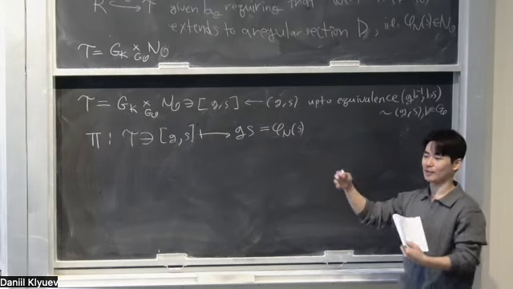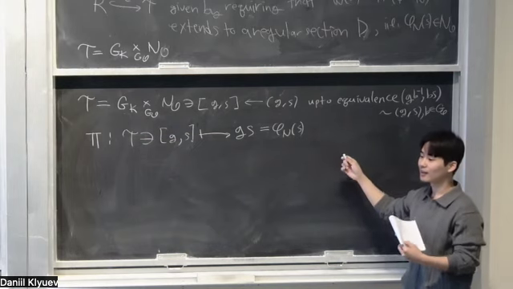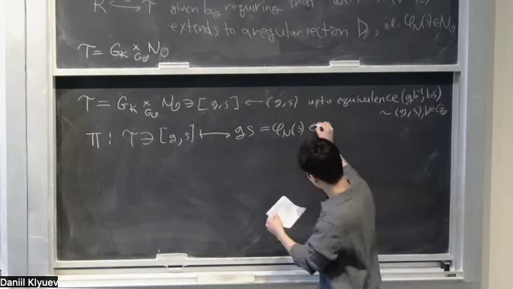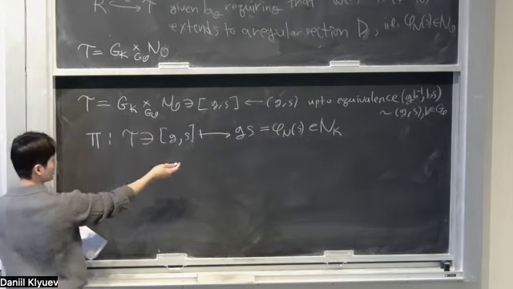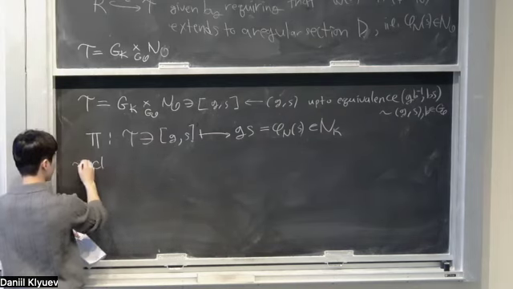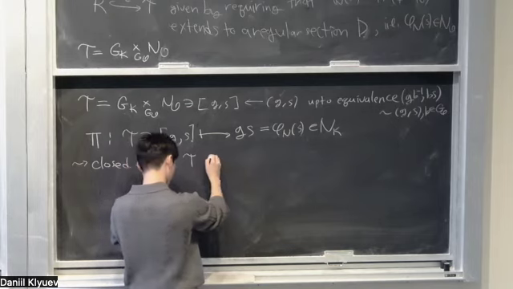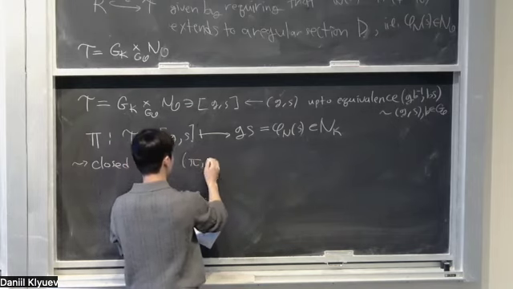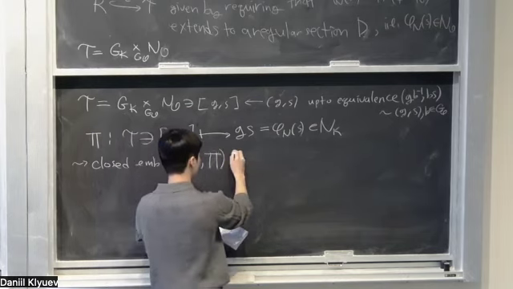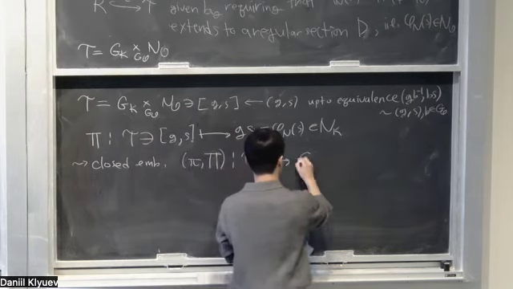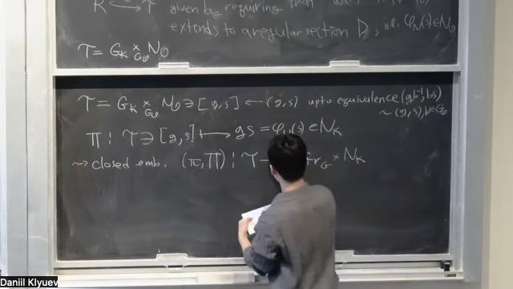It might introduce some pole, because GK, if you take a sequence there, can have poles. So this way you get a closed condition on T. We use the projection to the affine Grassmannian and this map to NK, giving a map from T to the product of the affine Grassmannian and NK, and this is a closed embedding.